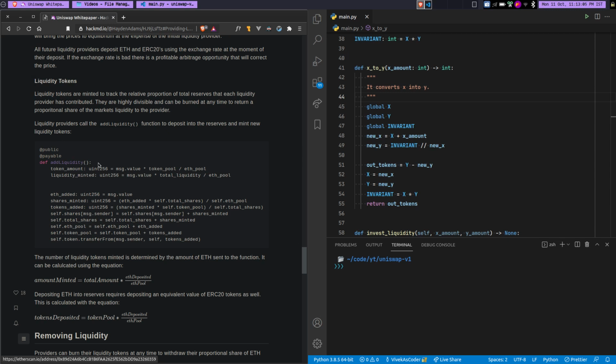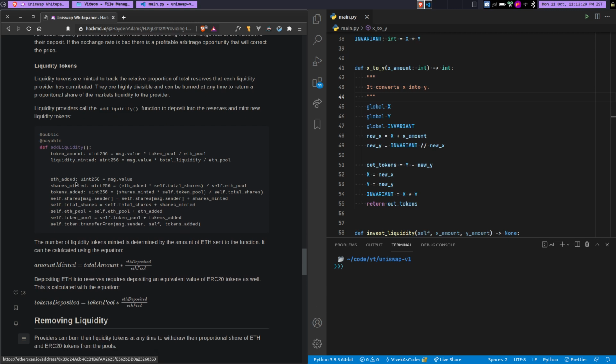The idea is to take the amount of ETH that you send along with the transaction, and based on that and the current exchange ratio of the pool, we calculate the amount of tokens. That token amount will need to be transferred from your account to my account, and when I say my account, I mean the contract address.